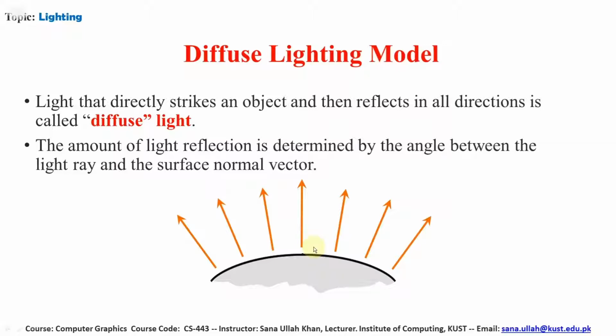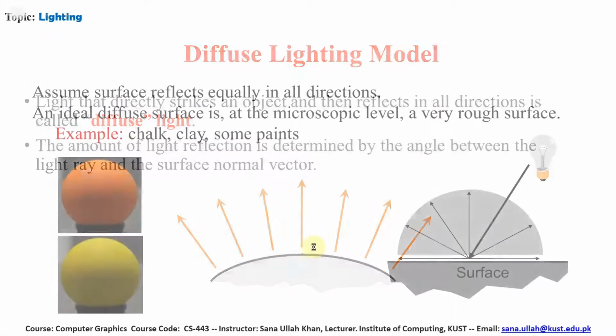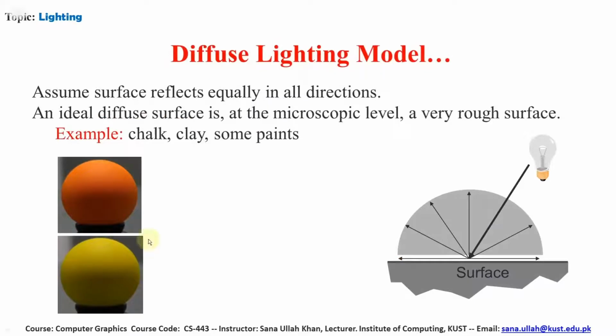The angle must range from 0 to 90 degrees. So assume the surface reflects equally in all directions. An ideal diffuse surface is at the microscopic level a very rough surface, for example chalk, clay and some paints, which reflect light equally in all directions.